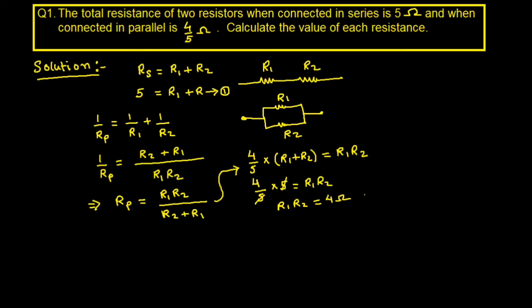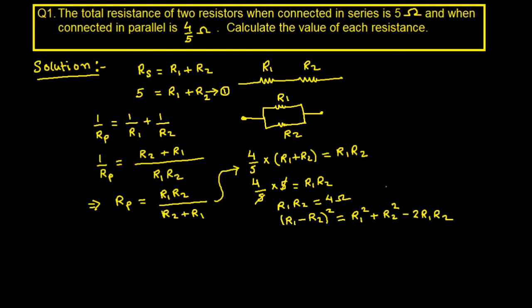But what we want to calculate is R1 and R2. So let us use this formula, R1 minus R2 whole square, is equal to R1 square plus R2 square minus twice R1 R2.